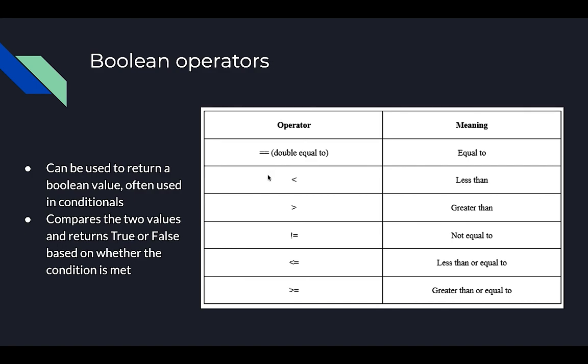And so, can somebody tell me what the difference between just 1 equals 2 and 2 equals 2 is? Can somebody tell me the difference? Because that's one of the most important things, because it's confusing sometimes. So what does a single equal sign do, and what does a double equal sign do? Anybody have any answers to that question?